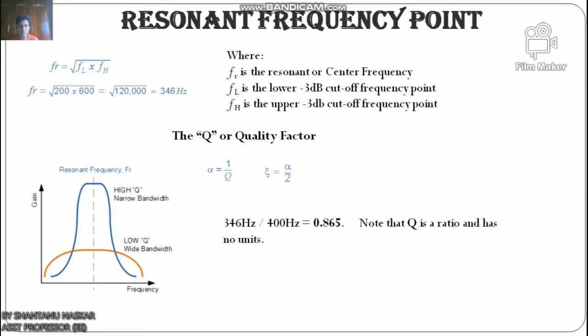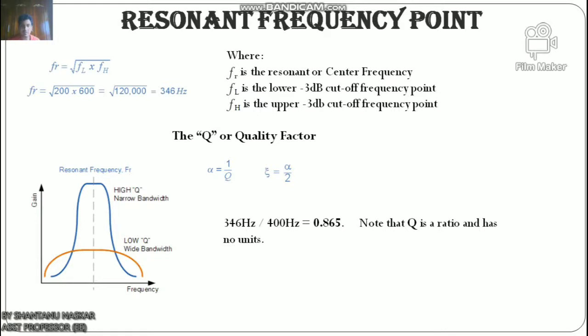The center frequency is generally calculated as the geometric mean of the two minus 3 decibel frequencies between the upper and lower cutoff points, which is given as Fr equals root over Fl into Fh, where Fr is the resonant or center frequency, Fl is the lower minus 3 decibel cutoff frequency point, and Fh is the upper minus 3 decibel cutoff frequency point.